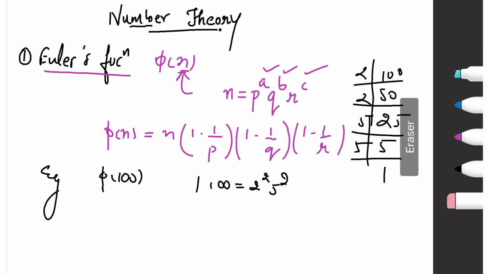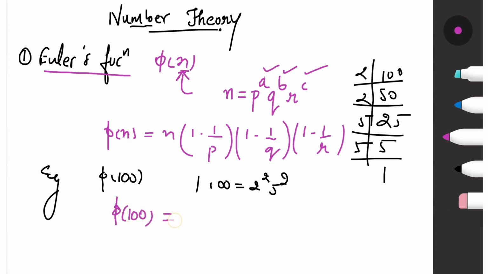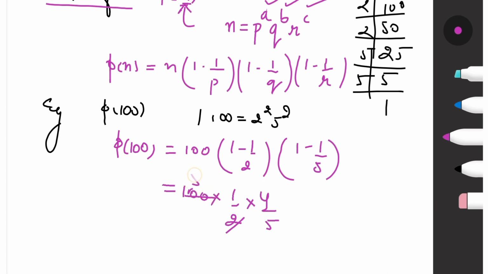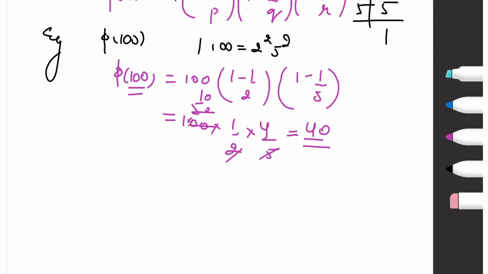So we can apply the formula of phi of n, where n is equal to 100, p is equal to 2, q is equal to 5. Further, you will get 100 times 1 by 2 times 4 by 5, which is 50 and then 40. So basically there are 40 natural numbers which are co-prime to this 100. For more examples you can visit the link.